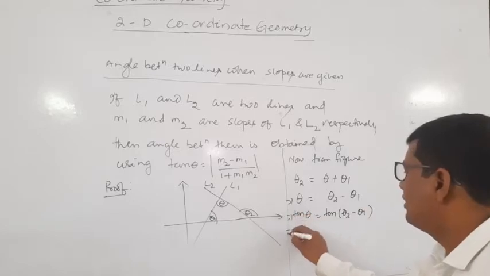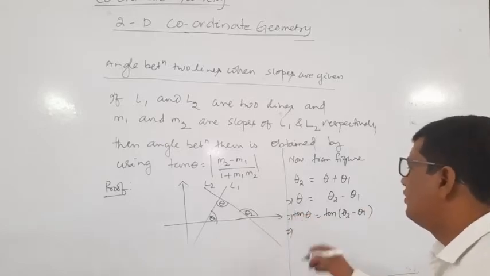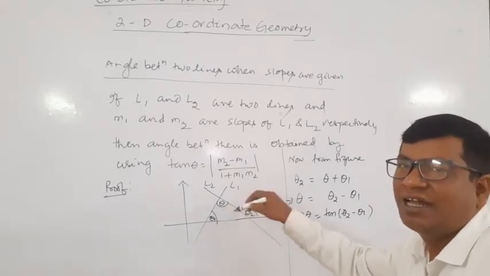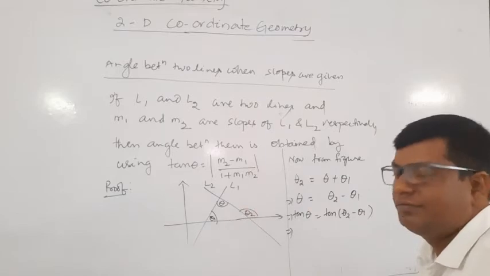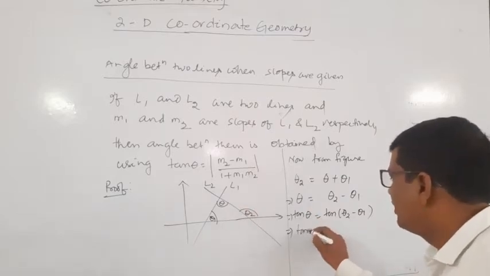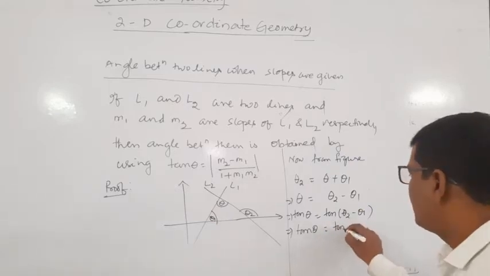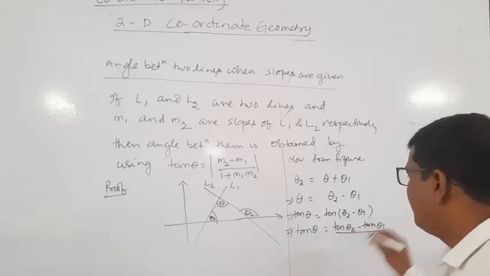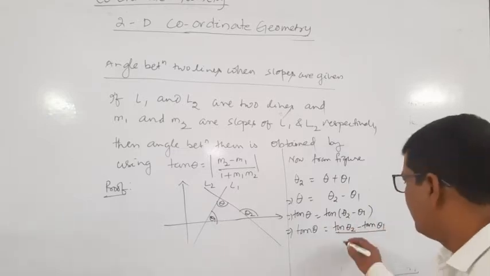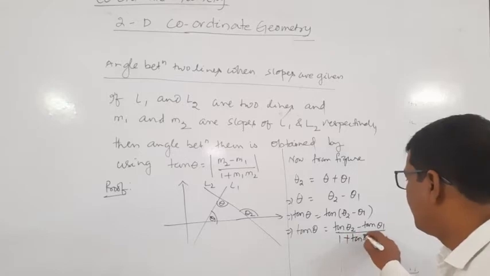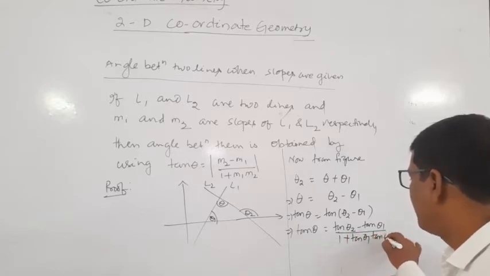Now applying the formula tan of a minus b, tan theta is equal to tan theta 2 minus tan theta 1 divided by 1 plus tan theta 1 into tan theta 2.